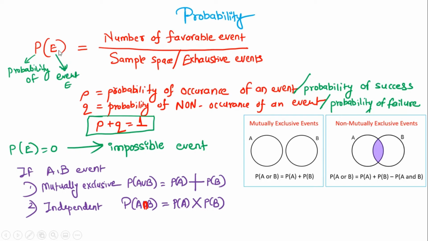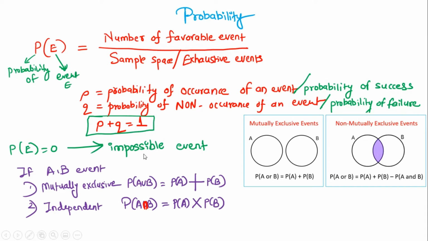That probability will be success, and if you are not able to see that particular event, that will be failure probability. So success probability is the probability of occurrence of an event, and failure probability is the probability of non-occurrence of an event. Both success and failure probability combined form a probability whose value is 1. So p plus q equals 1.